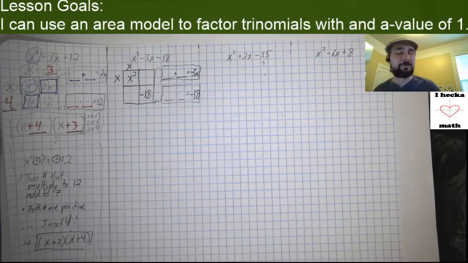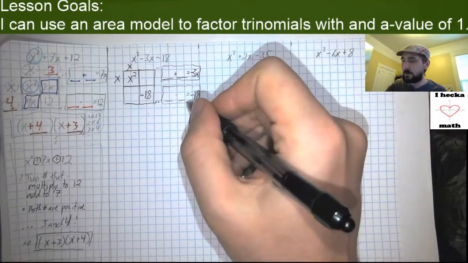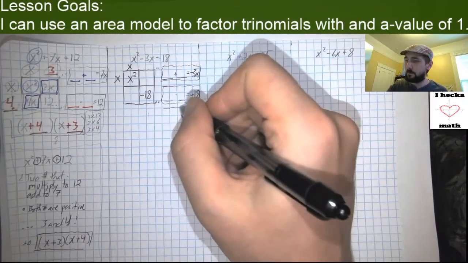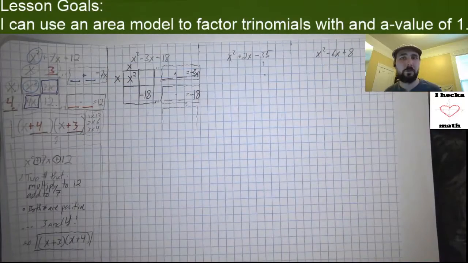So this is a bit different because now you need to think of things that multiply to negative 18. Well, if you multiply to negative 18, that means one number has to be positive and the other number has to be negative. So we're thinking of examples, so a thought bubble inside a thought bubble. We're thinking of examples of numbers that multiply to 18, but one is positive and one is negative.